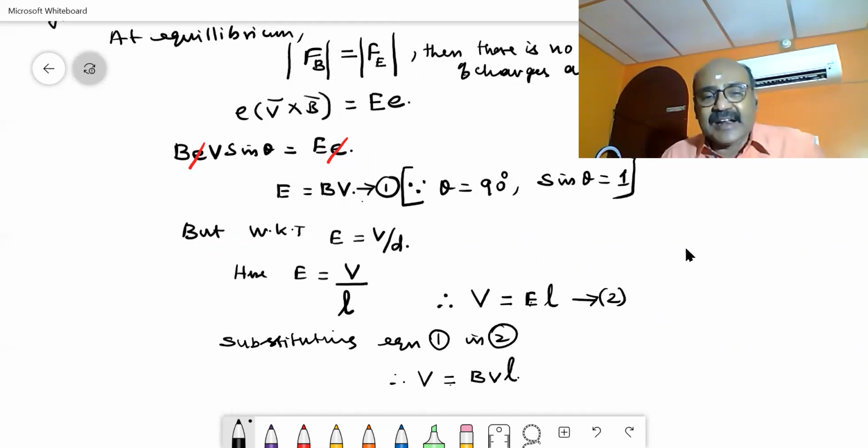So generally, we will write it as B, L, v. So V gives you the potential difference.